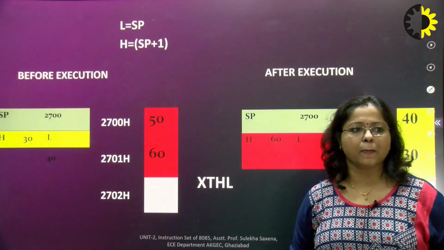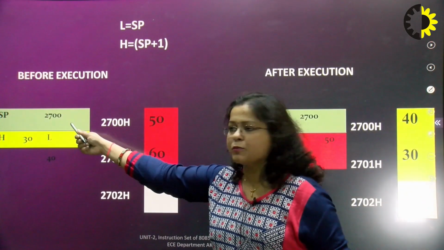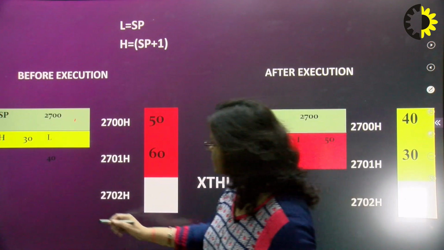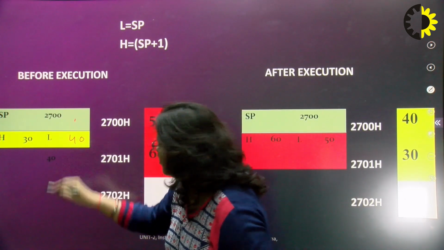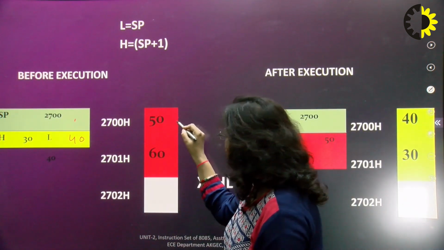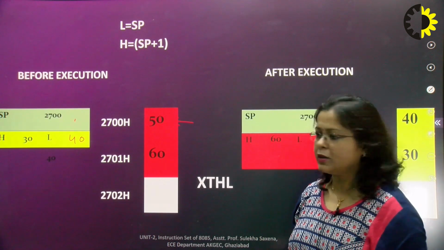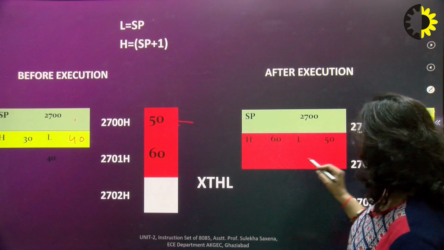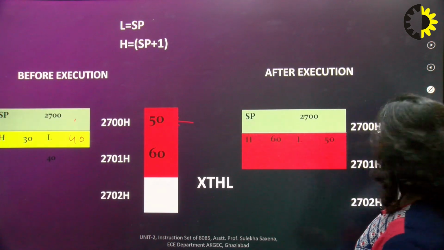For example, before execution, let the stack pointer be 2700, and H and L be 30 and 40. The content at the stack pointer is 50. L will be interchanged with 50. So L will contain 50 and 2700 will contain 40.